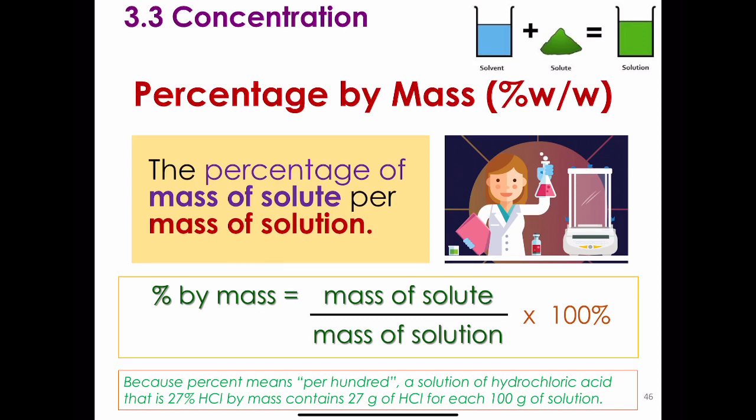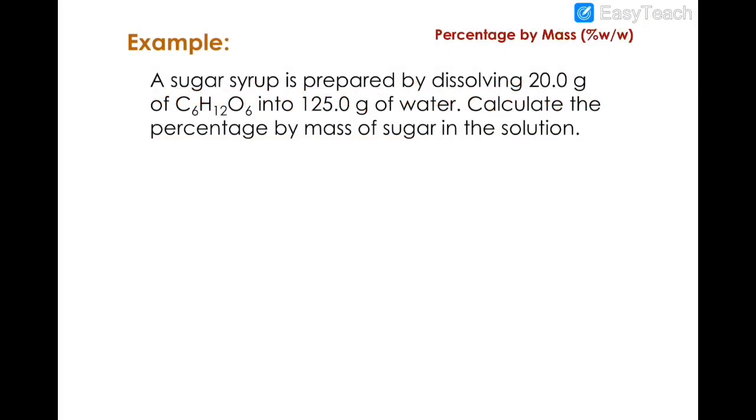Okay, so kita tengok example now. So for this one, a sugar syrup is prepared by dissolving 20 gram of C6H12O6 into 125 gram of water. Calculate the percentage by mass of sugar in the solution. Okay, so this is a sugar syrup. Sugar syrup adalah solution. So 20 gram of C6H12O6 ini adalah mass solute.